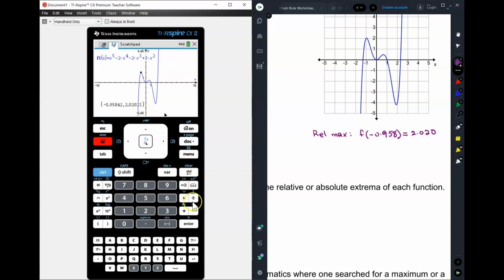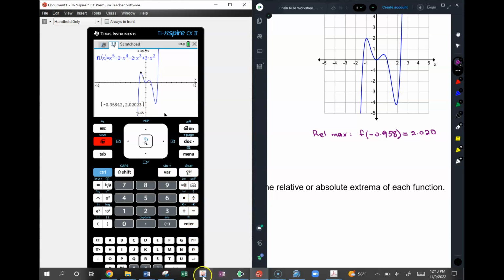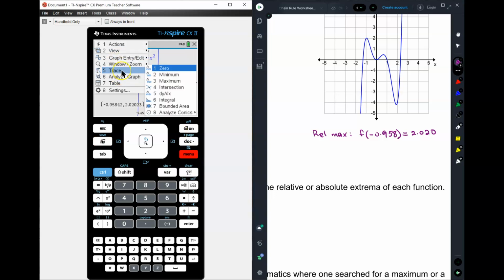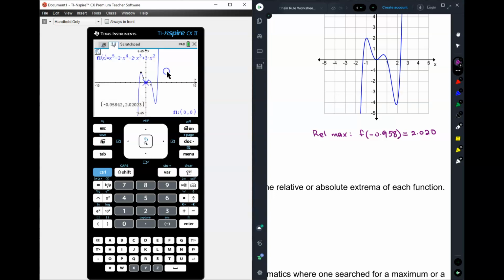But another way, was it Sammy or Jordan who said the trace? Another way to find minimum or maximum is when you trace. So you can do menu, trace, graph trace. And then the downside here is you have to go slow enough that you don't miss it, right?